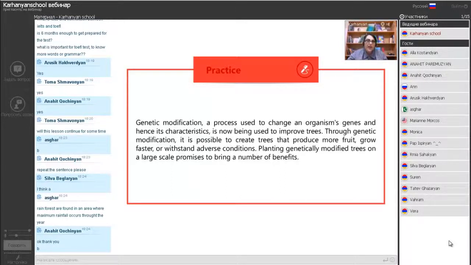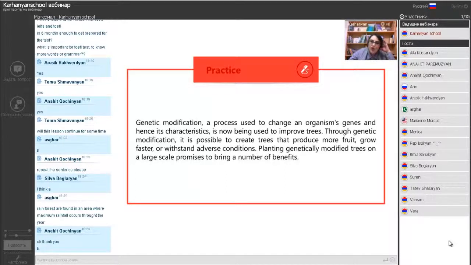Genetic modification, a process used to change an organism's genes and hence its characteristics, is now being used to improve traits. Through genetic modification, it is possible to create traits that produce more fruit, grow faster, or withstand adverse conditions. Planting genetically modified traits on a large scale promises to bring a number of benefits.